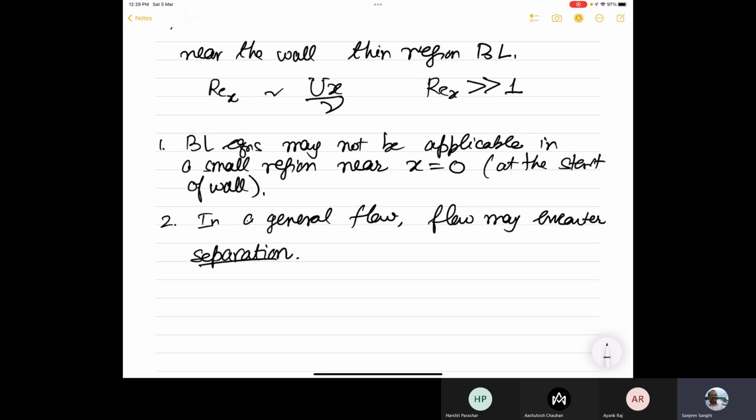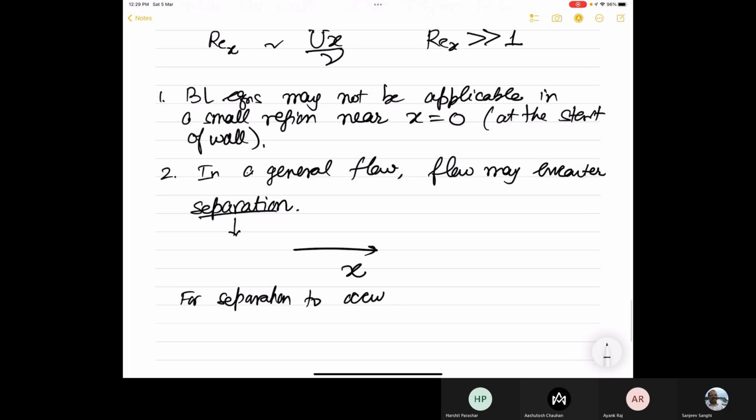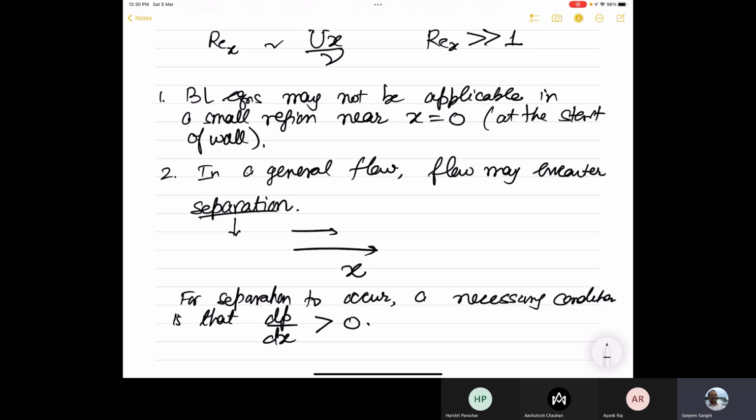But then see, one of the things for flow separation, if this is the direction x, then for separation to occur, a necessary condition is that the pressure in the x direction should increase as we go along the flow.